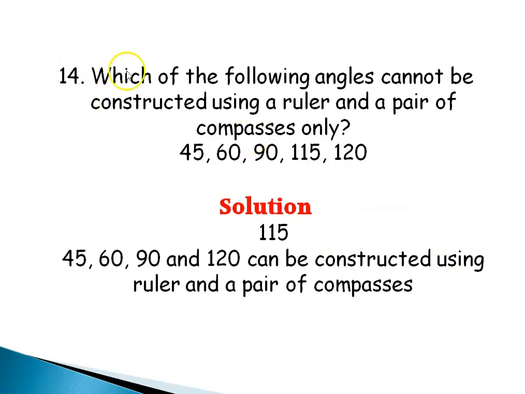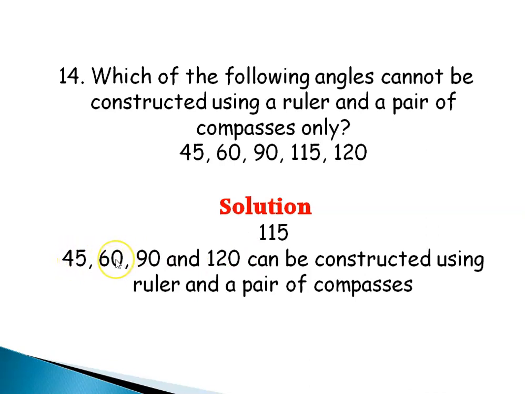Question 14. Which of the following angles cannot be constructed using a ruler and a pair of compasses only? You have 45, 60, 90, 115, and 120. Okay, so angle 45 can be constructed using your ruler and pair of compasses. All you need to do is to bisect angle 90.